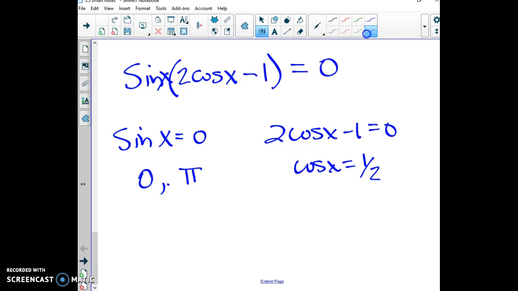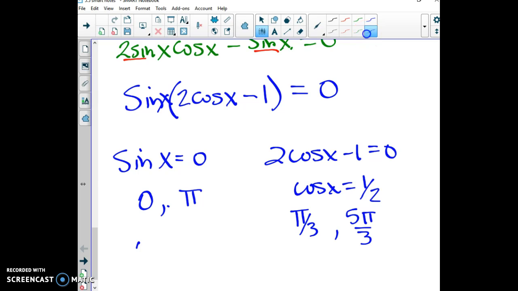Cosine x is 1/2 at pi over 3, and 5 pi over 3. And we would go ahead and list those in order: 0, pi thirds, pi, and 5 pi over 3.